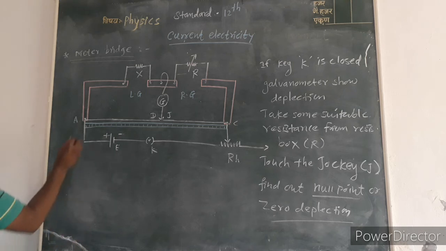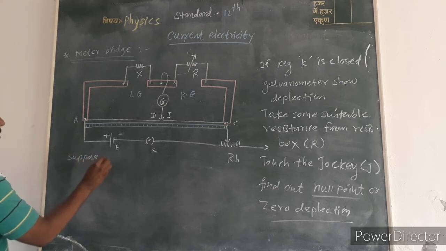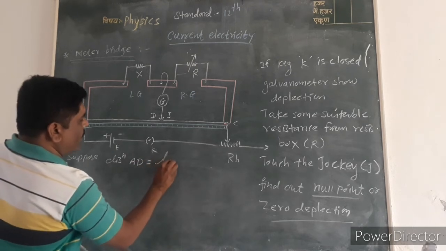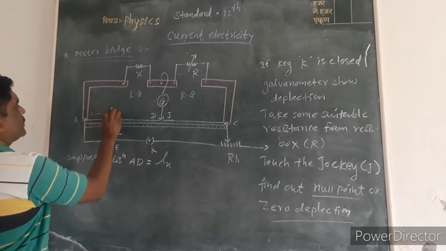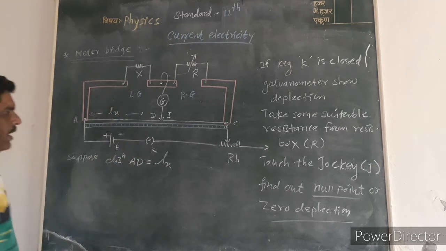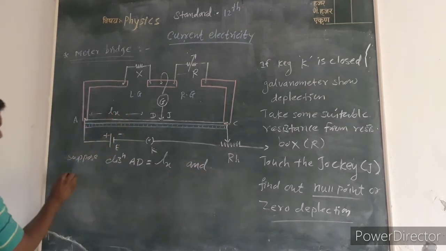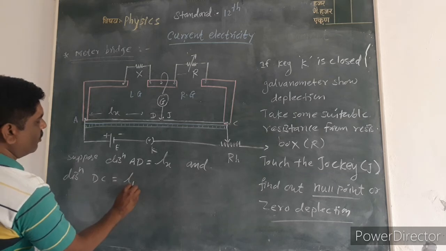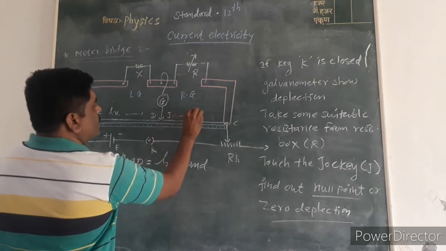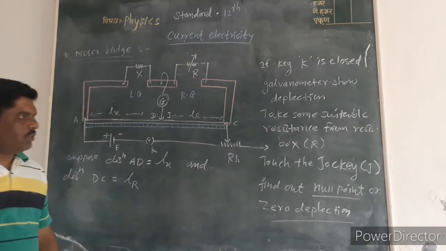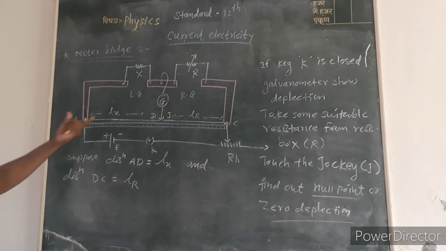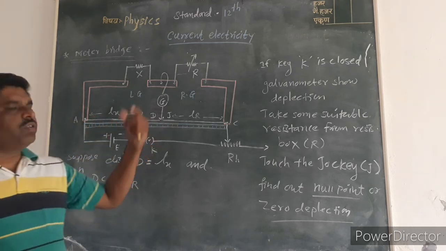Suppose distance AD is Lx, and distance DC is Lr.